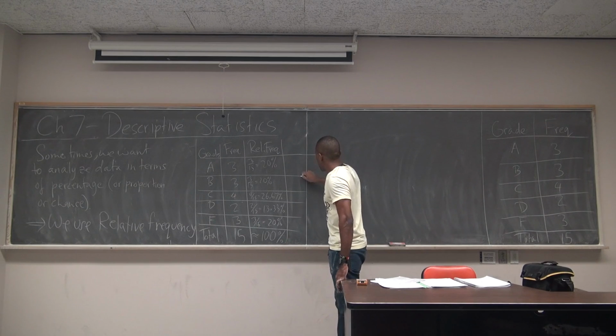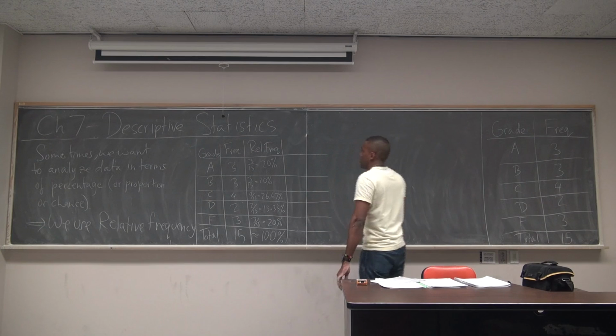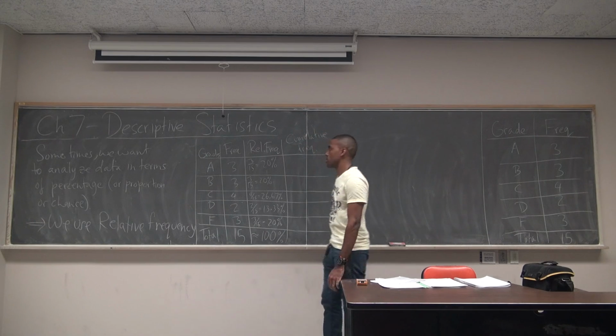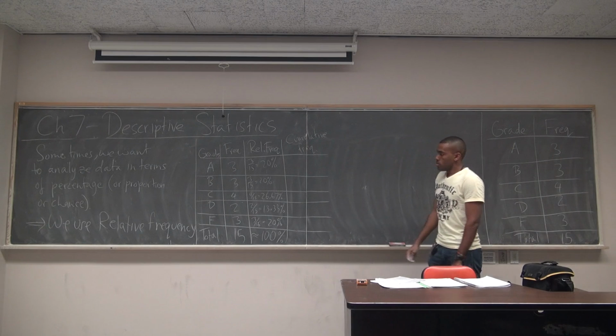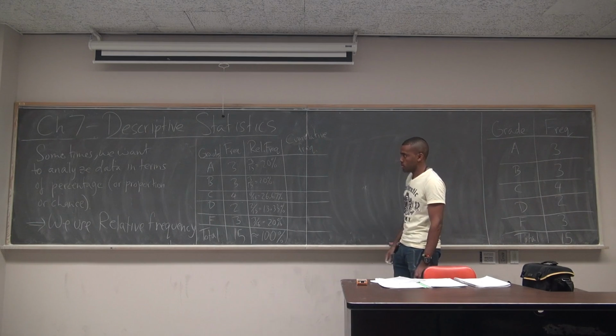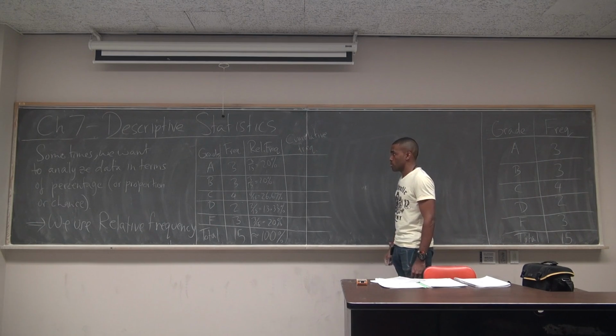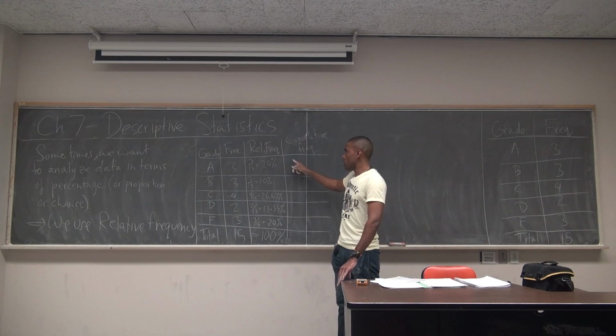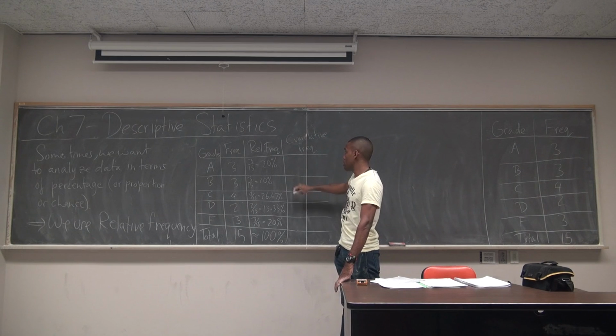I'm going to add something else here. Let's talk about what we call cumulative frequency. So you add the percentage of the previous. You keep adding frequencies of everyone at that level and above. So pretty much at this point with the A's, our frequency is 3.